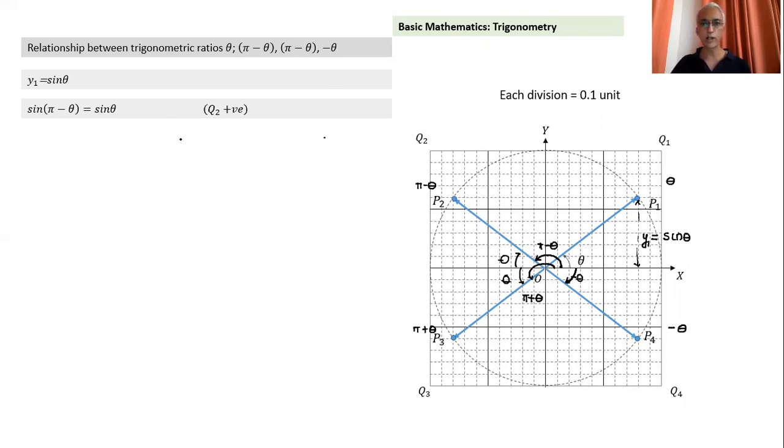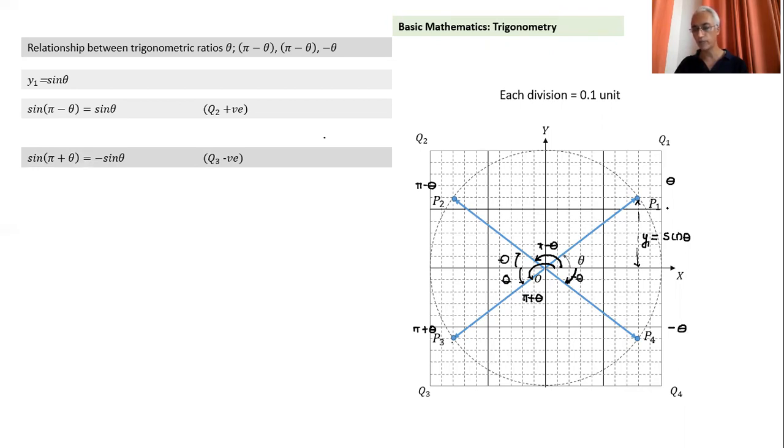And you notice here, it also makes sense that this is positive and this is positive, so both are equal to each other. In a similar way, let's find for point P3, where the angle is pi plus theta. So sine of pi plus theta will be the y coordinate of this point, and the y coordinate is negative here. Hence, we put it equal to minus sine theta. Third quadrant, sine is negative. And you can look at this otherwise also.